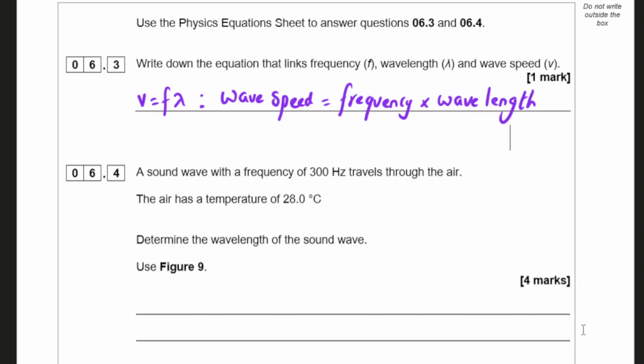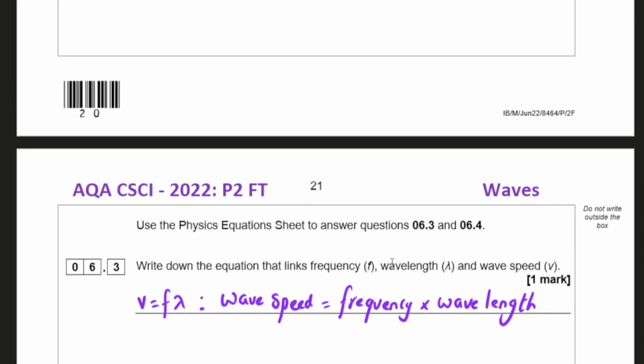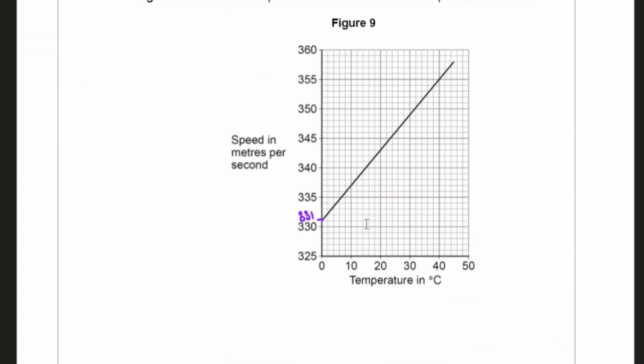A sound wave with a frequency of 300 hertz travels through the air. The air has a temperature of 28 degrees Celsius. Determine the wavelength of the sound wave. So the frequency is 300 hertz. We know the frequency, we need the wave speed.